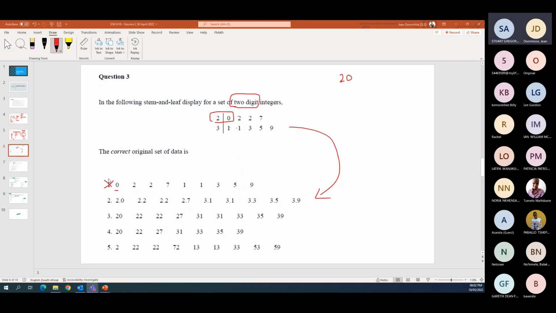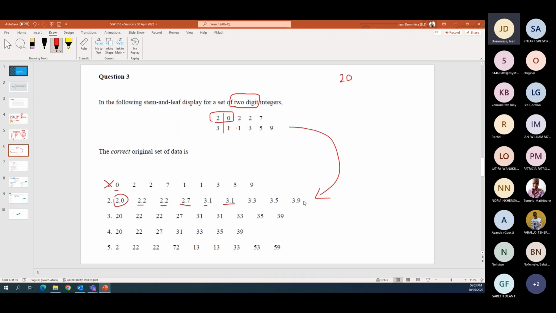Then we look at your second option. Your second option is not a 2-digit, it is a 1-digit, because it's 2.0. All the data array is correct, but it should not be 2.0, 2.2, 2.2.